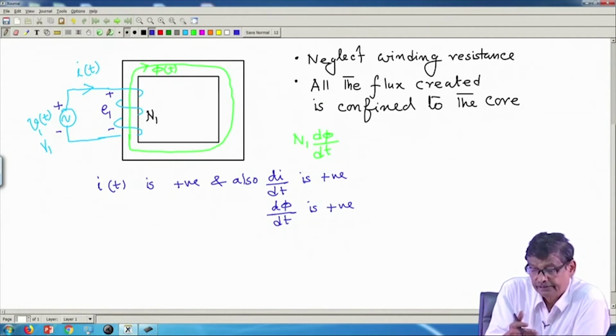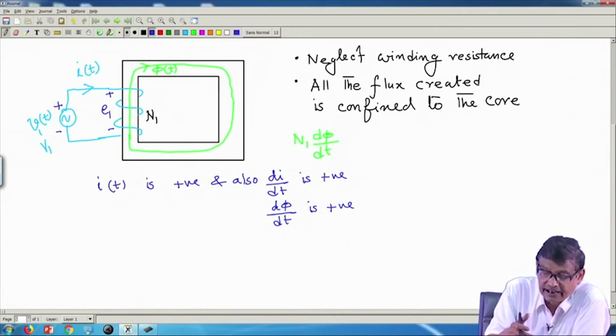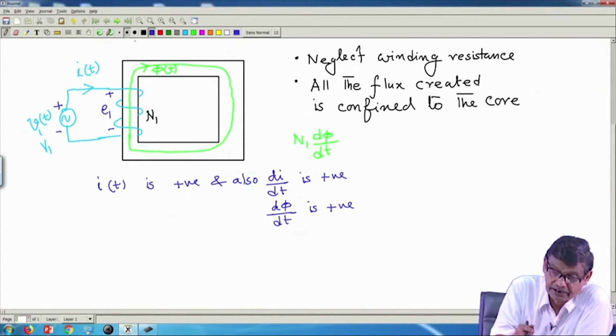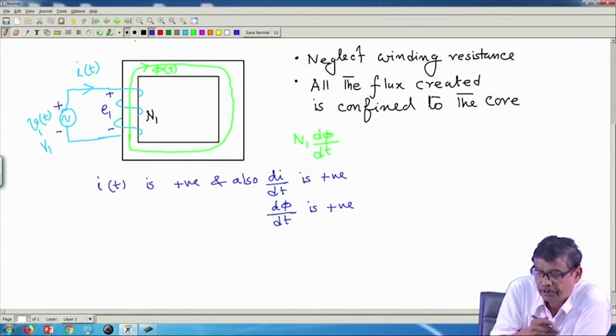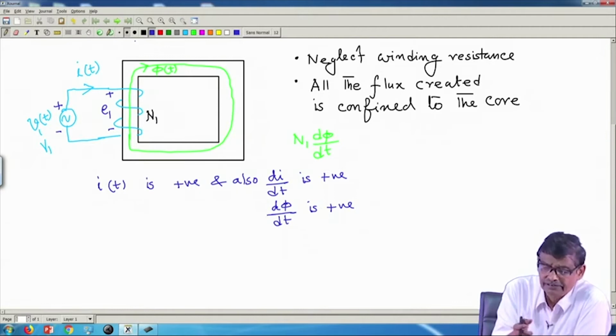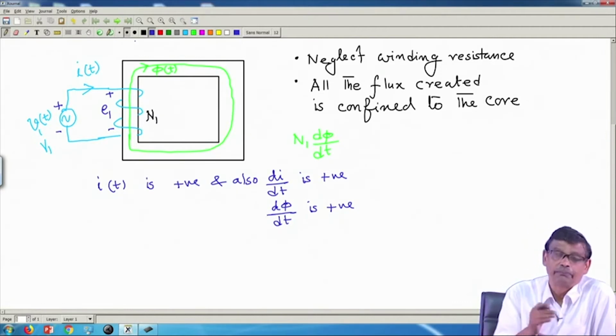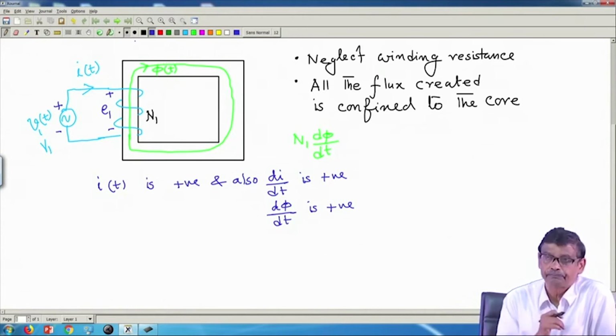The only thing is, the sense in which E1 is acting is opposite to the sense of V1 applied to the circuit. That is, if E1 was allowed to drive current alone, it would have driven current from right to left. So, this is Lenz's law, that is, the induced voltage will oppose the supply voltage essentially.